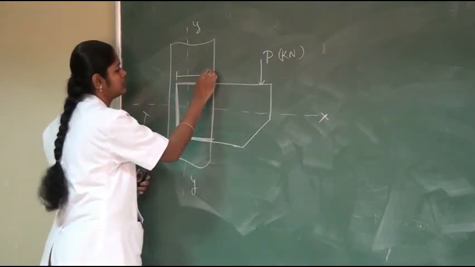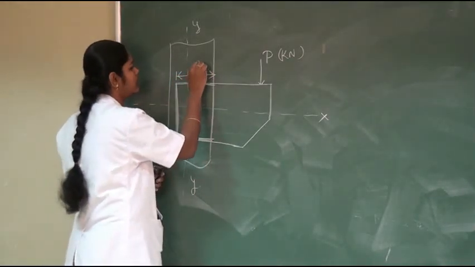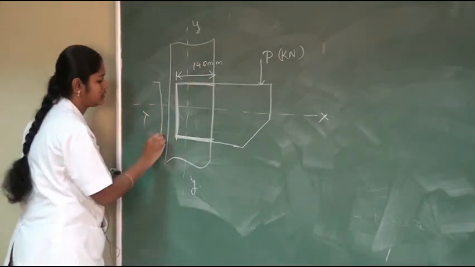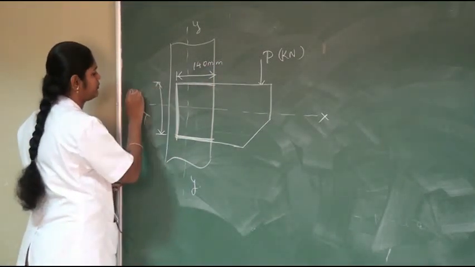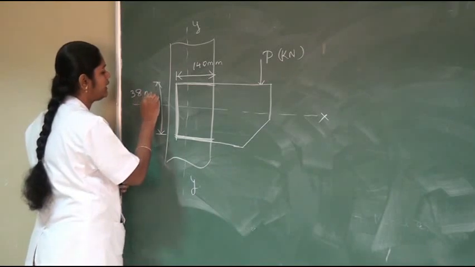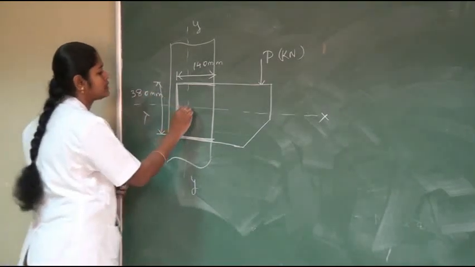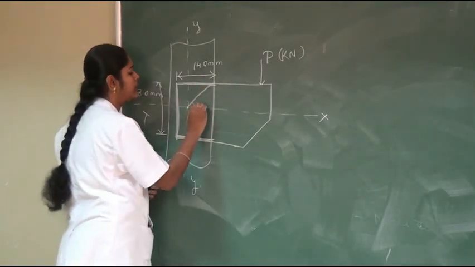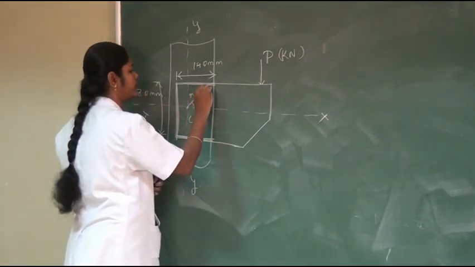Here the breadth of the section is 140 mm and the depth is 380 mm. This is the center of gravity of the point. This is the angle theta. This is R max.